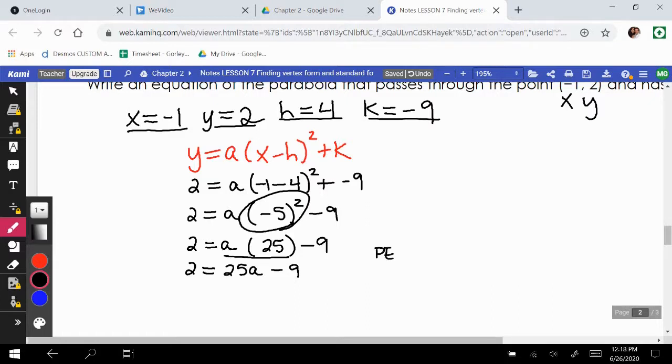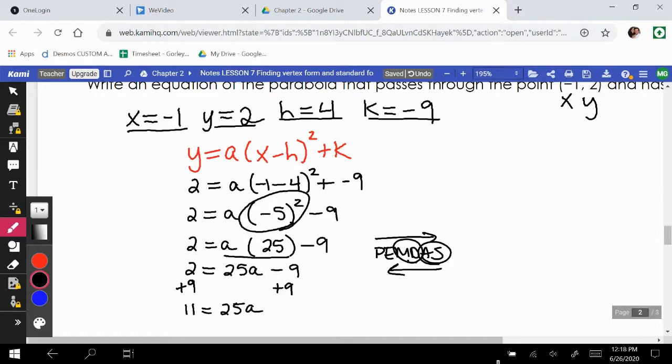So rather than working with PEMDAS in this direction, which is what we use to simplify an expression, we're going to be using inverse operations here to move things to different sides of the equal sign. So I'm going to undo any addition or subtraction before I undo any multiplication or division. So I'm going to undo the -9 first by adding 9 to both sides.